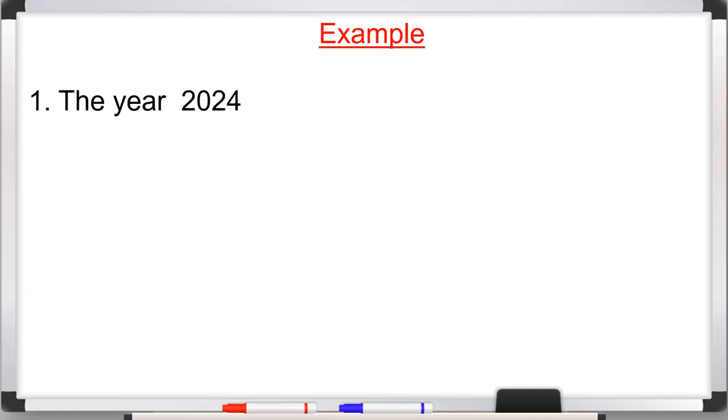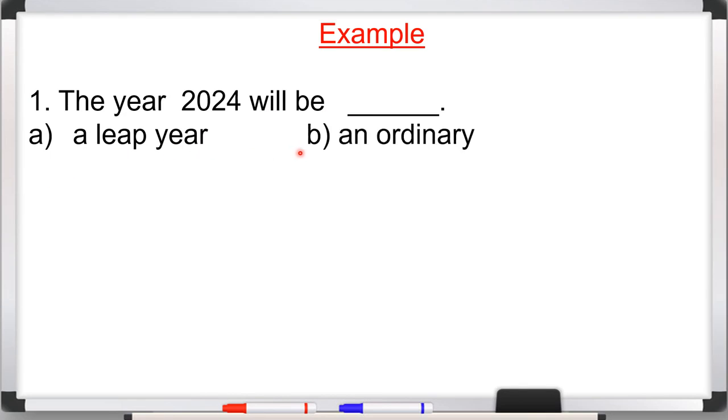Now example number 1. The year 2024 will be dash. A leap year, option B, an ordinary year. So now beta we have to tell that 2024 will be a leap year or an ordinary year. So what we will do, let's do it solution.